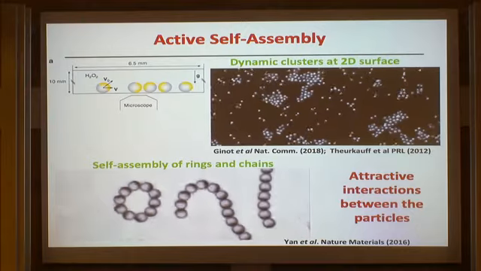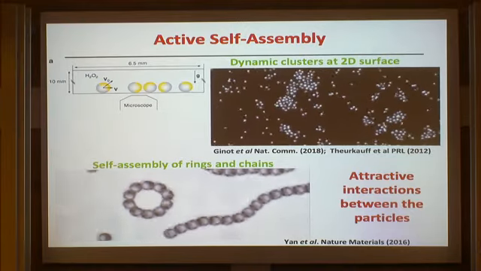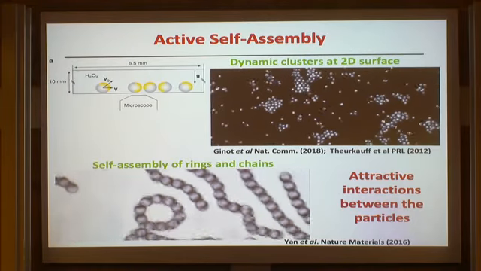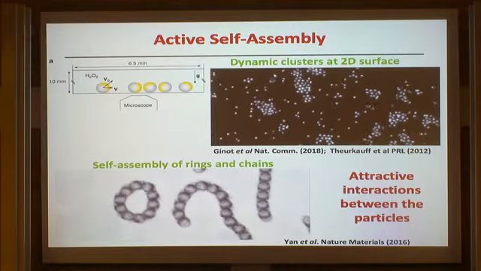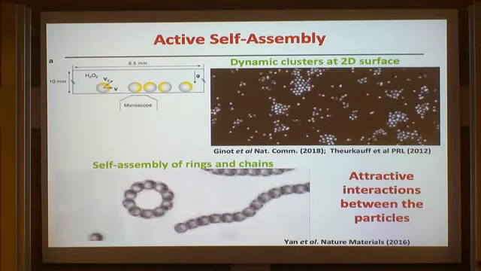So one motivation is the possibility of active self-assembly. We know quite a bit about colloidal self-assembly, and now you can use these tools and include self-propulsion.